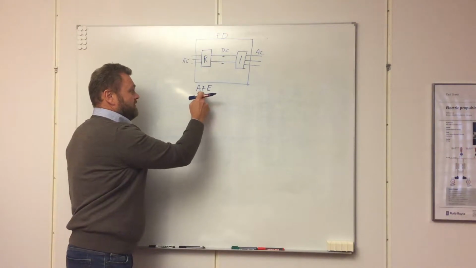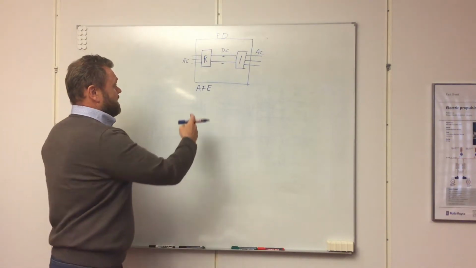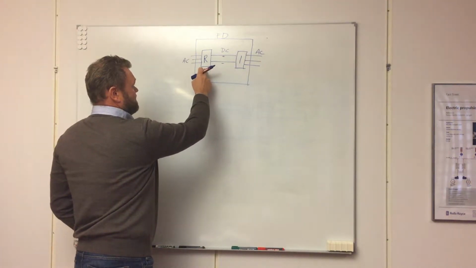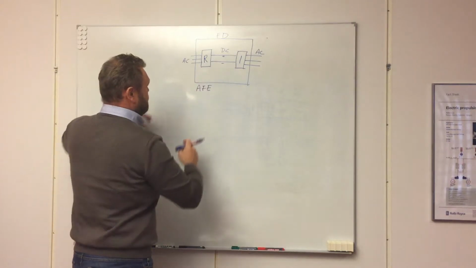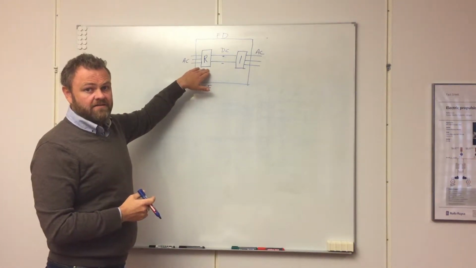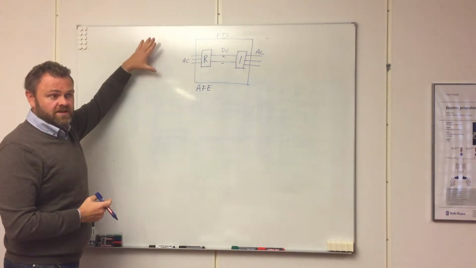So active front end, what is that? That means that the front end is active. And I'm pointing at this end because this is the front end seen from the switchboard, from the grid.